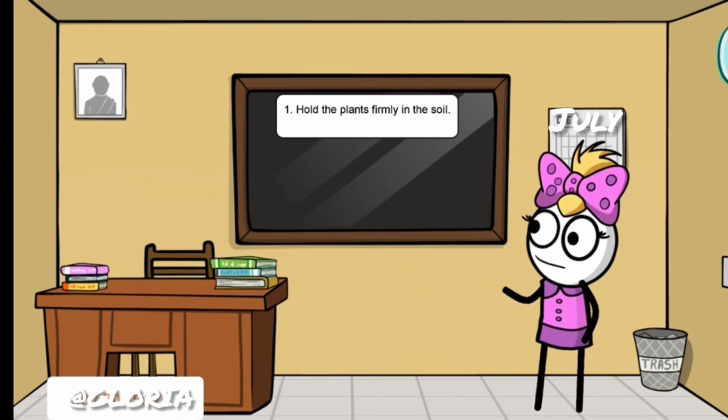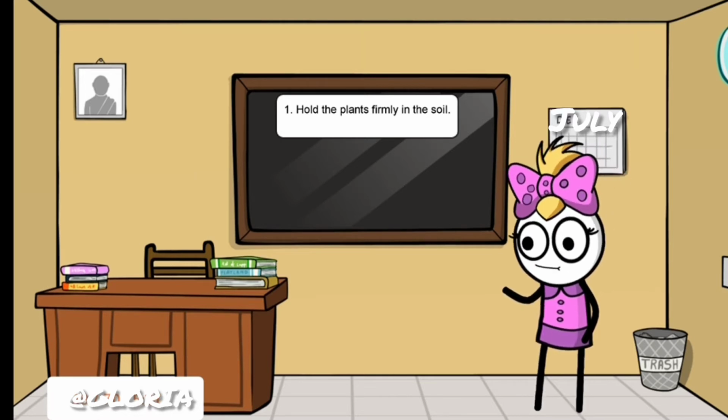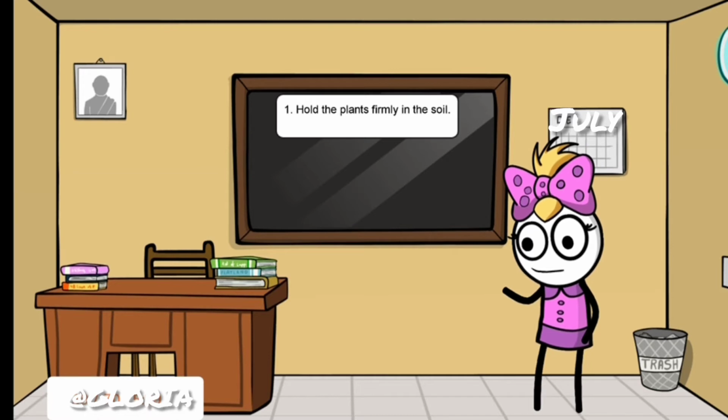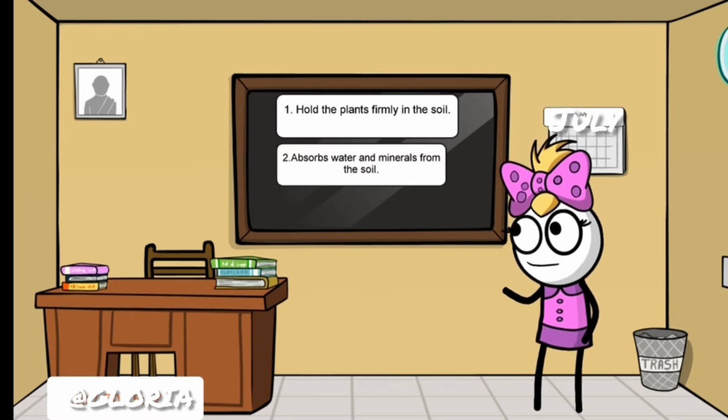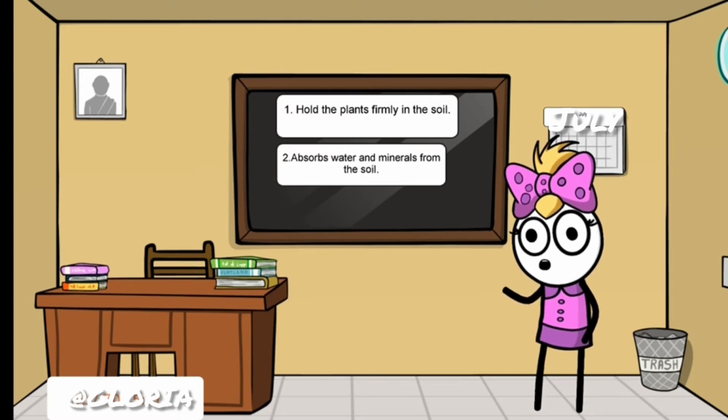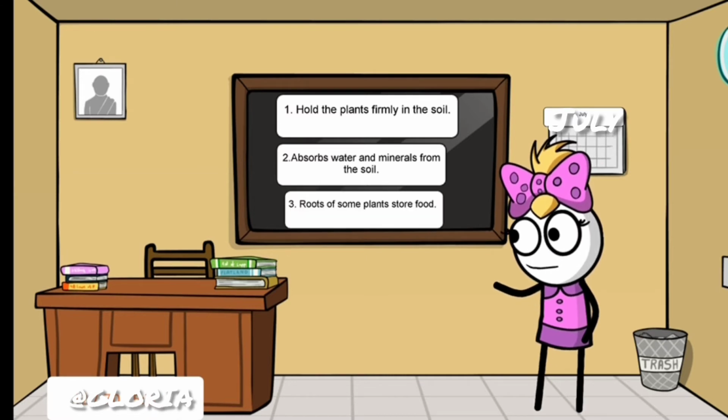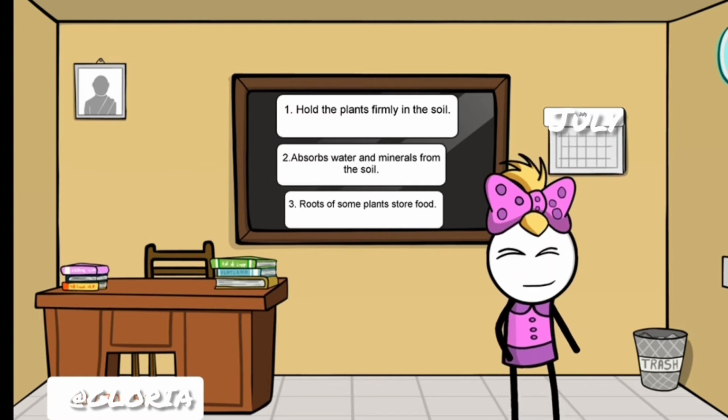First one is roots hold the plants firmly in the soil. Second one is root absorbs water and minerals from the soil. And the third function is roots of some plants store food. That's all about the root.